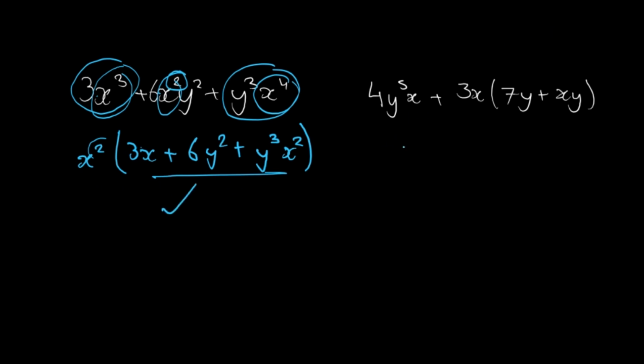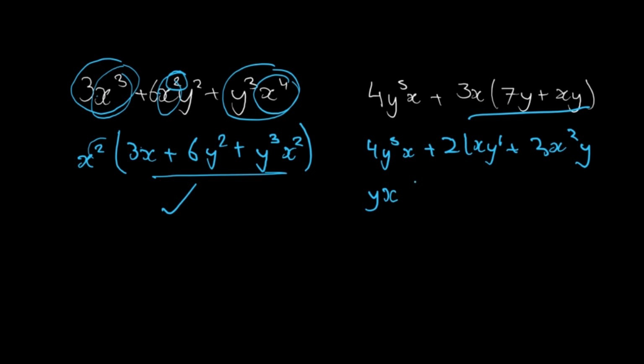For this one, first of all, you expand this bracket, 4y to the power of 5x plus 21xy plus 3x squared y. Find the common factor. So let's start off with the numbers. There is no common factor you can divide both 4, 21 and 3 by. For y, the lowest power is 1, so y, and then you look at x, the lowest power is 1, so yx or xy, same thing.